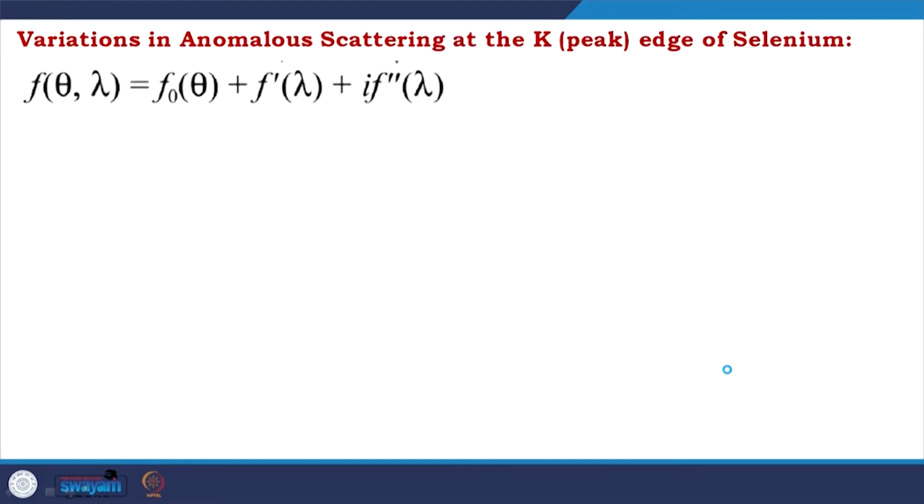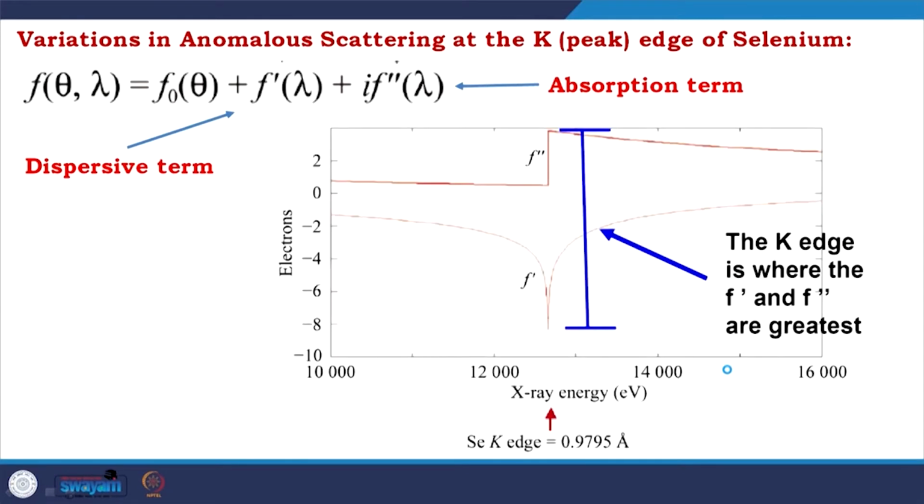So, variation in anomalous scattering at the K peak edge of selenium, as we have talked earlier: F(theta, lambda) = F0(theta) + F'(lambda) + iF''(lambda), where F'(lambda) is the dispersive term and iF''(lambda) is the absorption term.